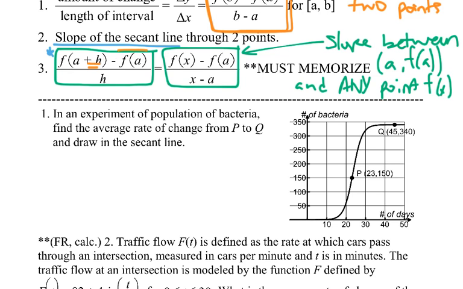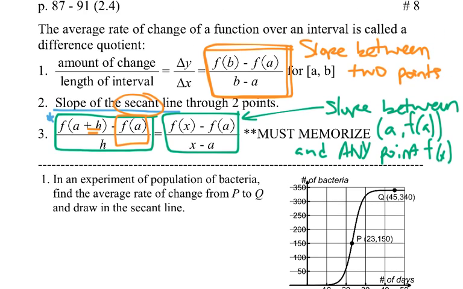So we have this point A, and then we'll have another point that is h away from A, and we can move that other point by changing the value of h. And eventually we're going to bring h closer and closer to 0, and we're going to see that secant line turn into a tangent line. So that's the big transition from average rate of change to instantaneous rate of change.